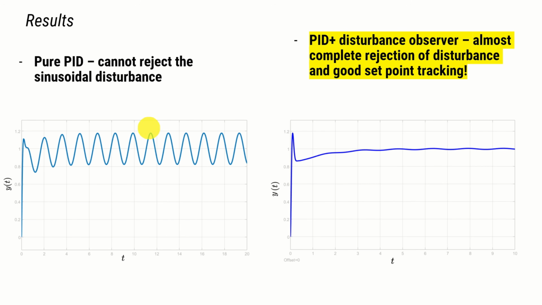First of all, for comparison, over here I'm presenting the result obtained by using the pure PID. As we discussed previously, the pure PID cannot reject the sinusoidal disturbances, and this is what pure PID is doing. However, here are the results when we are using the disturbance observer. So this case here is comparable.